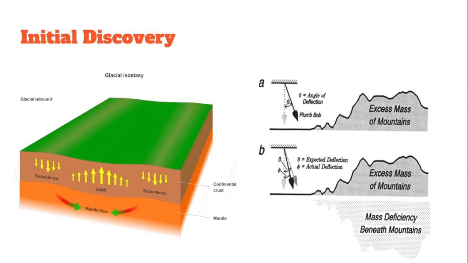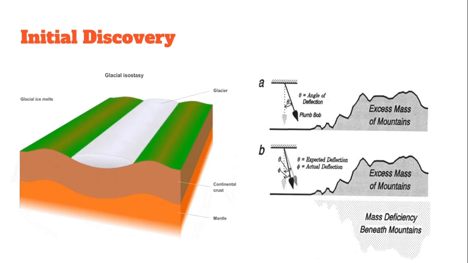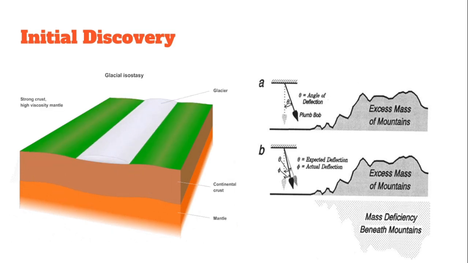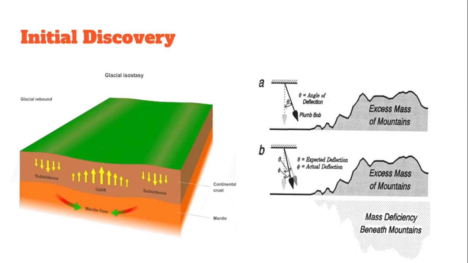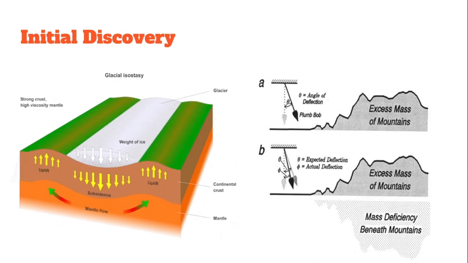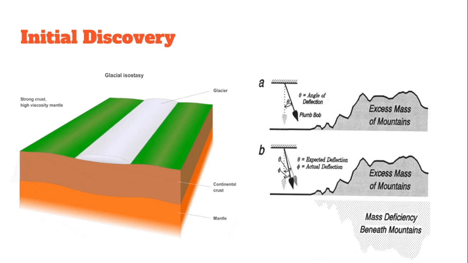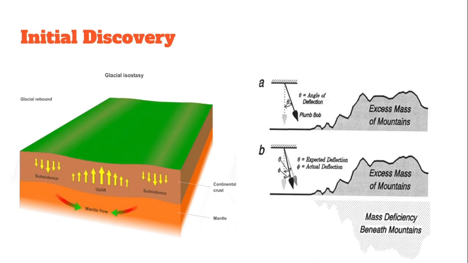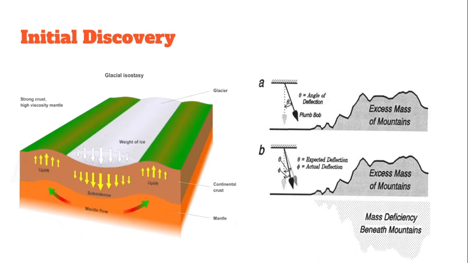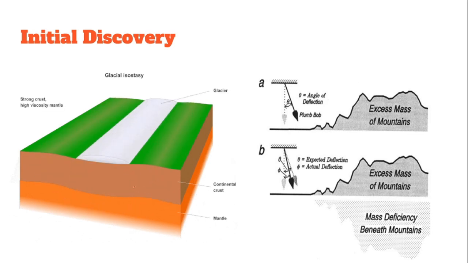Whenever there is a glaciation period, it puts a lot of weight on the continental crust, or we can say lithosphere, and due to its elastic nature it tends to flow a little bit, overlying the thick denser mantle which is liquid. The mantle flows, and the land subsides.